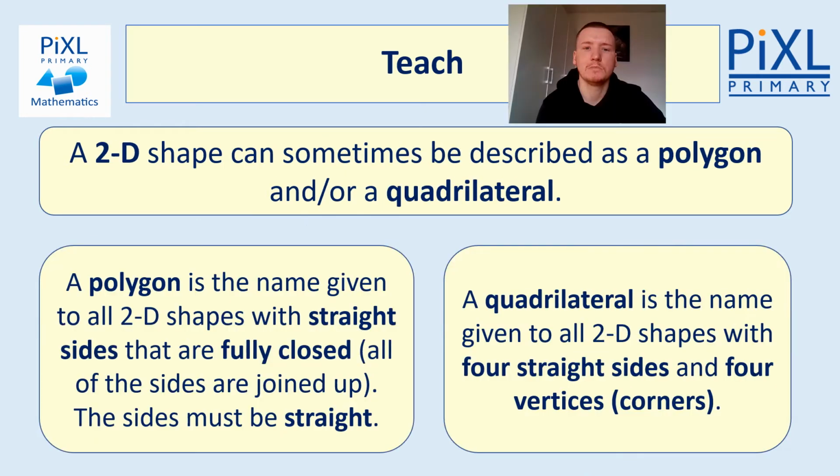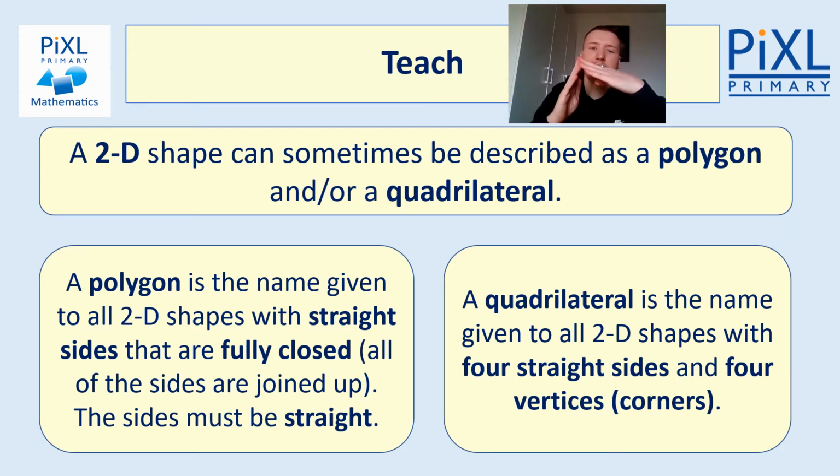Well done. Whenever we talk about 2D shapes, there are 2 important words that we learned and introduced to you last week. The first word is polygon. Now, you should all know what a polygon is by now, but it's important that we keep repeating it so that it instills in our head. A polygon is a name given to a 2D shape with straight sides that are fully closed.